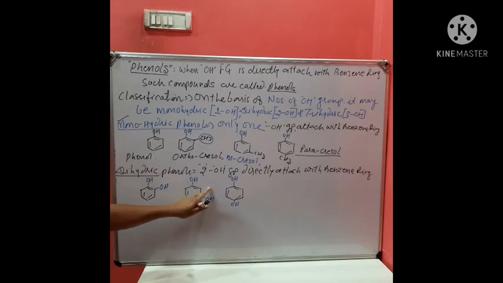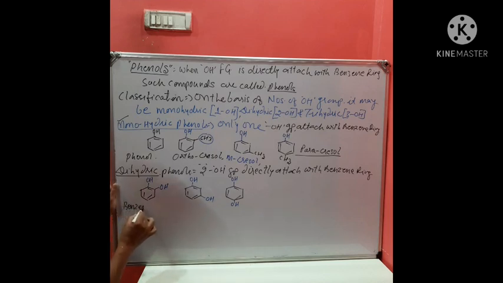So all these alcohols have what? Two OH group, called dihydric phenols. Like here, you can call this phenol 1,2-benzene diol. What? 1,2-benzene diol, or you can call it what? Benzene 1, 2. That is position.